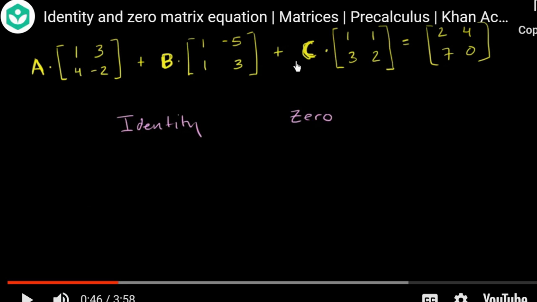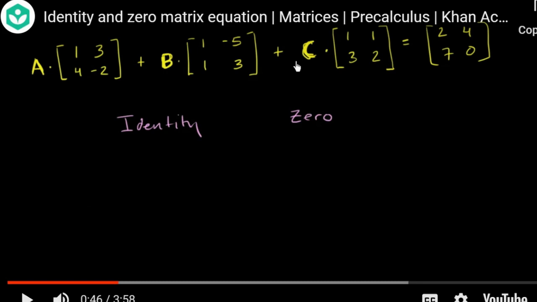So we would just totally ignore that and we would just add these 2 together. If we said B and C are both identity, that means they're being multiplied by 1. So I mean 1 plus 1 is 2, -5 plus 1 is 4, 1 plus 3 is 7, 3 plus 2 is 0. Well, that didn't work. So B and C must not both be identity and A being 0, because if we add these 2 matrices together, we don't get that answer.